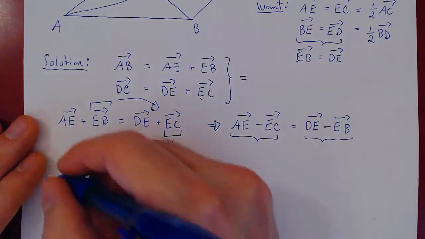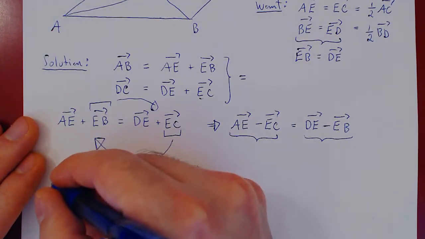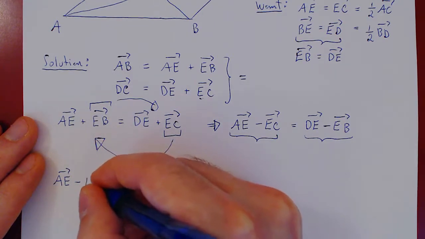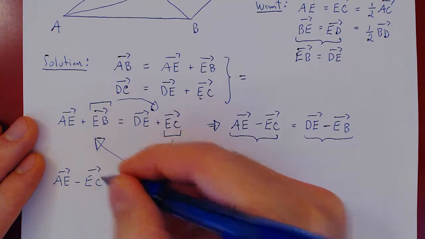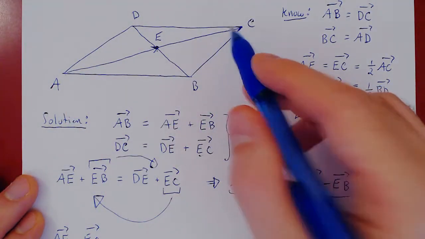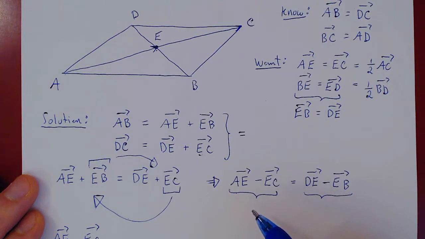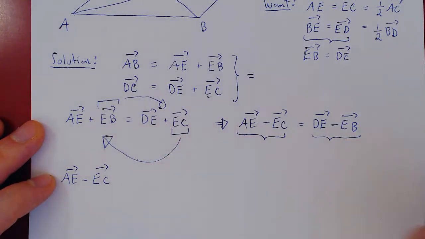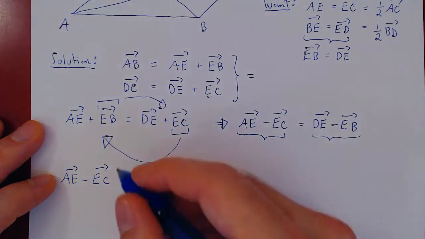So let's write that down. So from the picture, vector AE minus vector EC, since both vectors are lying on the diagonal AC, if we add or subtract parallel vectors, the result is also going to be parallel. So AE minus EC, and we write parallel usually with slanted bars.